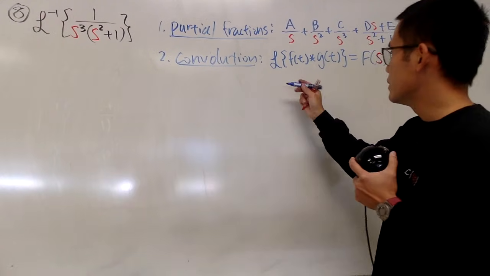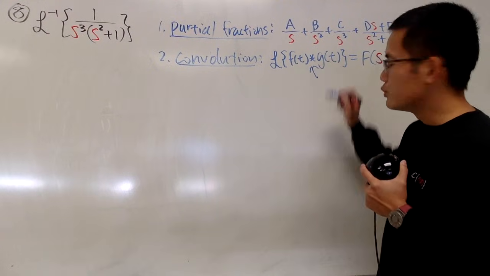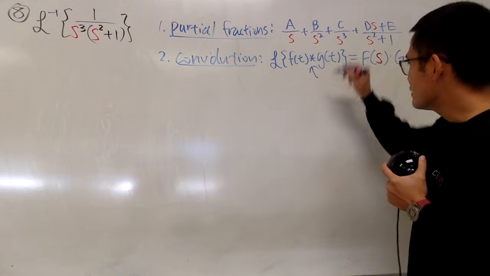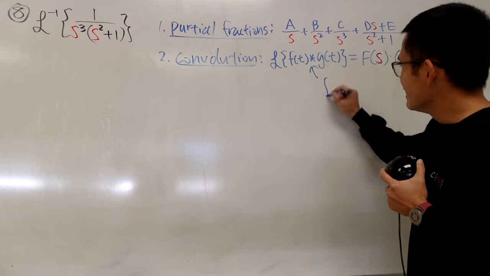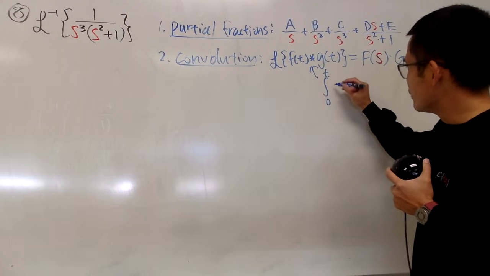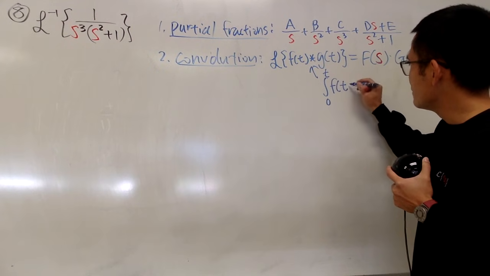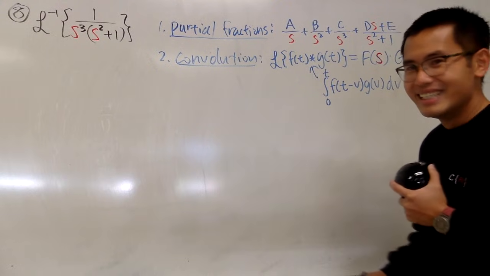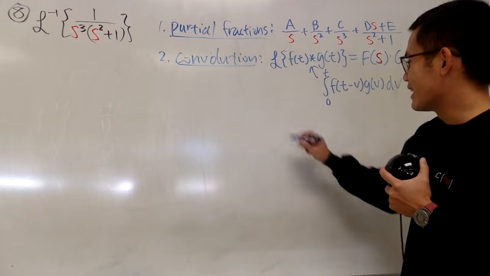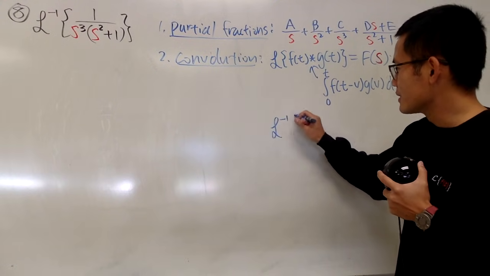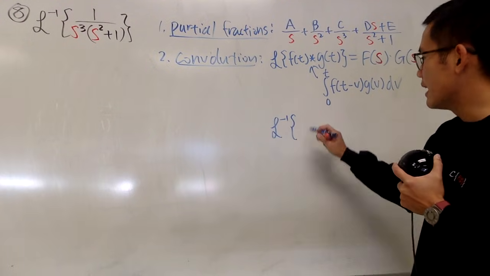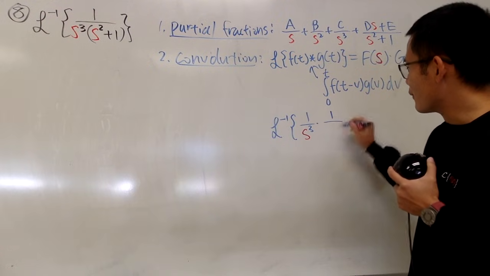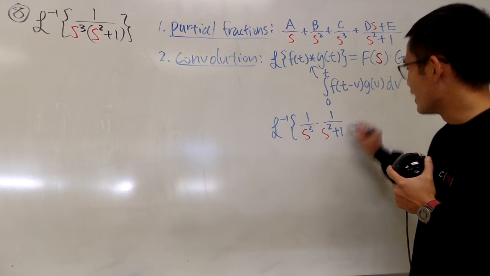To do that backwards, you will do the following. And by the way, let me remind you guys, the convolution is an integral. So what you do is the integral from 0 to t of f of t minus v, g of v, dv. If you want to do the convolution for that, it will look like this. Let's write down the inverse Laplace. Look at this as 1 over s to the third power times 1 over s squared plus 1.